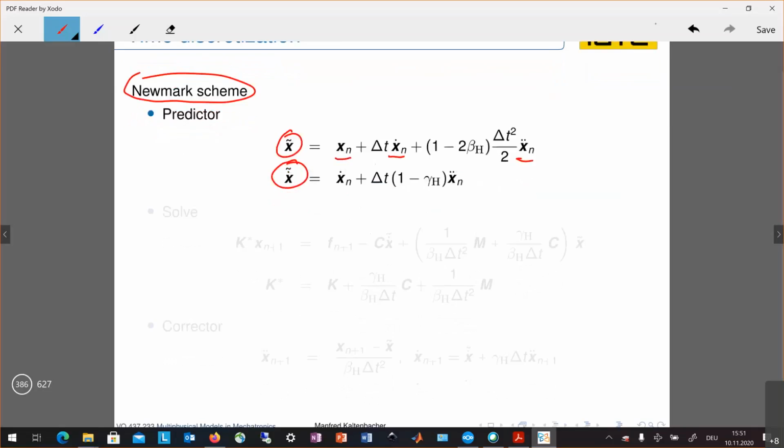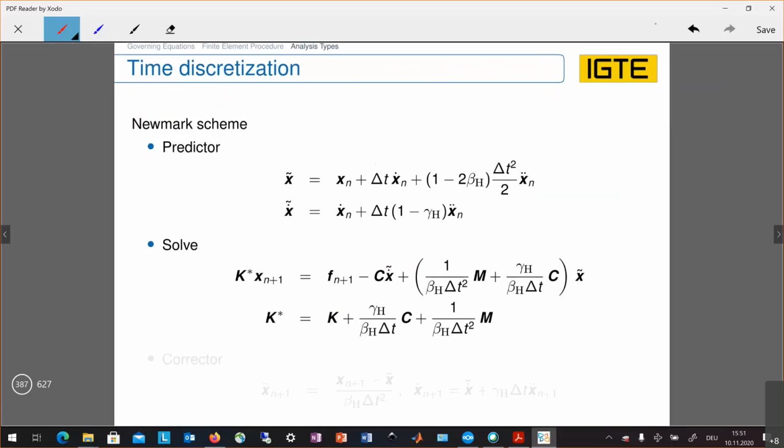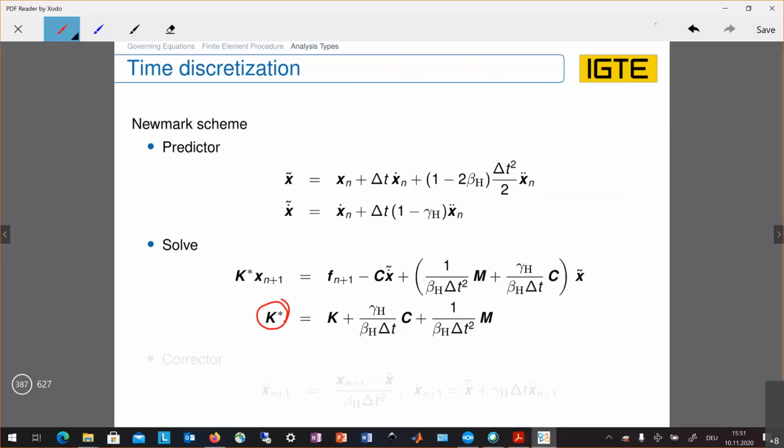And then you solve your system now with a system matrix we call K star. It is the so-called effective stiffness matrix, which is computed out of the stiffness matrix itself, the damping matrix, and the mass matrix.